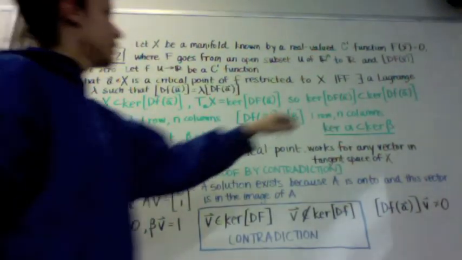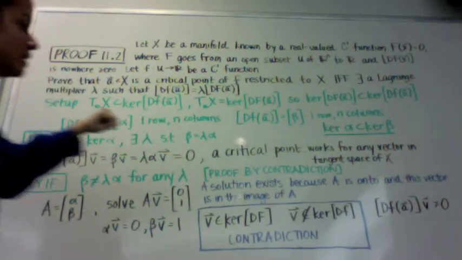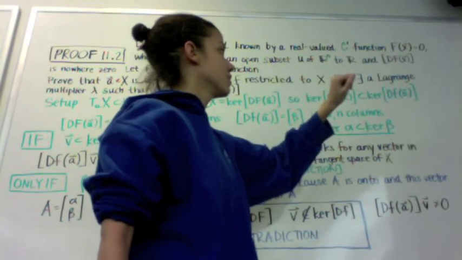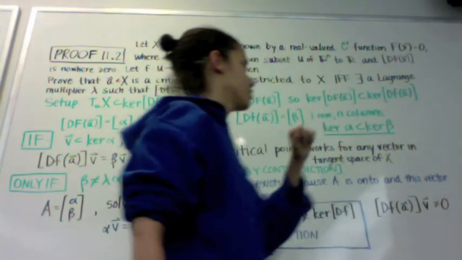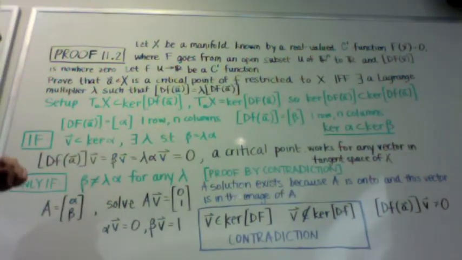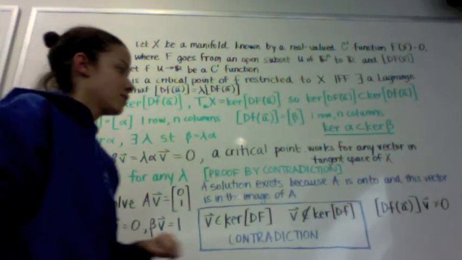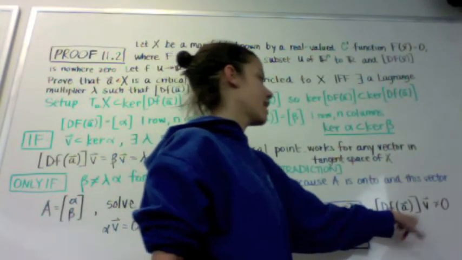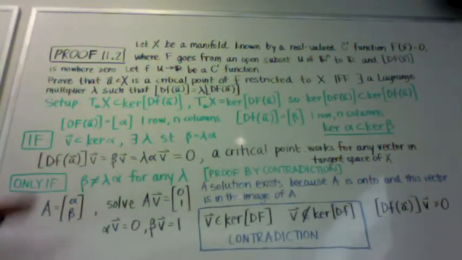But up here, we used our previous knowledge to show that the kernel of the Jacobian of the constraint function was a subset of the kernel of the Jacobian of the optimizing function at a point that is a critical point. So this has given rise to a contradiction. The Jacobian of the optimizing function at a acting on v cannot give 0, so it's not a critical point, and that finishes our proof by contradiction.